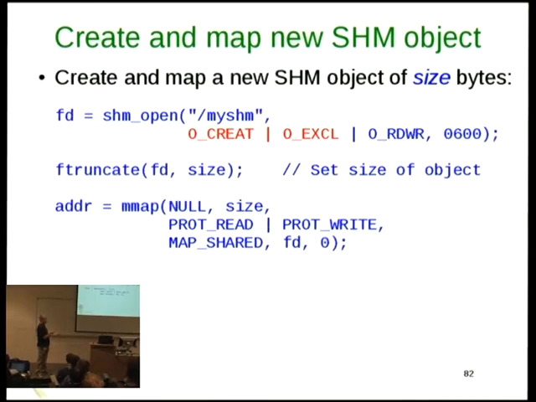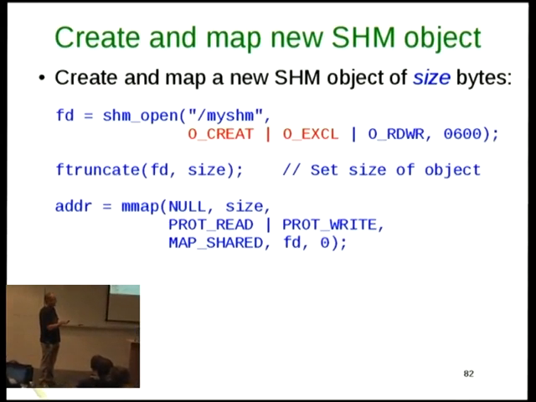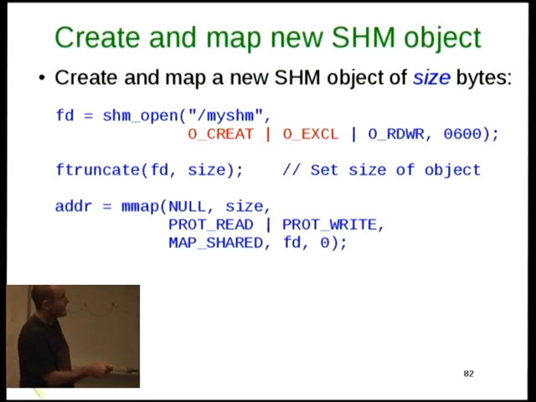I change the size of the object, because to begin with a new object has 0 size, so I say ftruncate that file descriptor to my desired size, and then I map that object, at an address chosen by the system, here's its size again, here are the permissions I want on that memory. I want to map it shared so other processes can see my updates. Here's the file descriptor I want to map, and map from offset 0 in that shared memory object. And I get back the address where the mapping is placed.